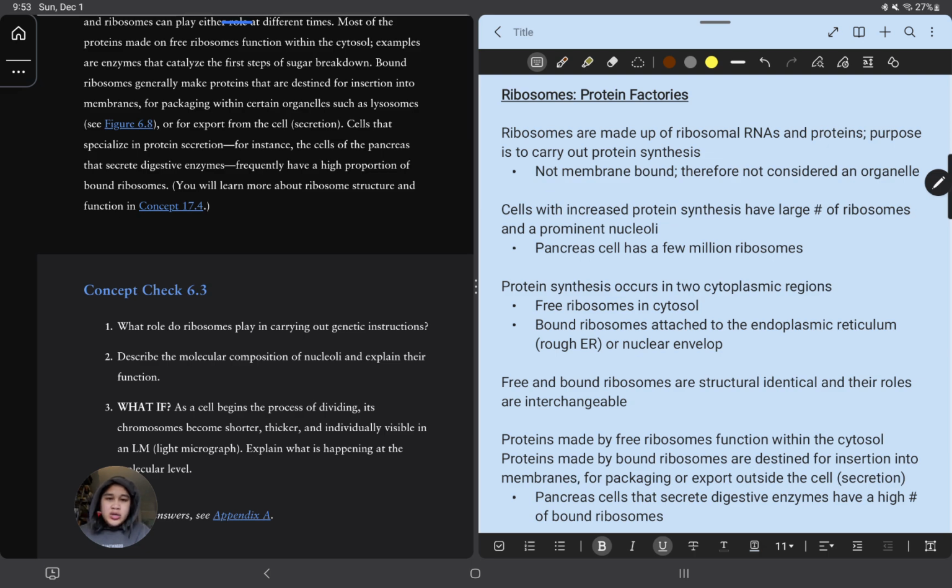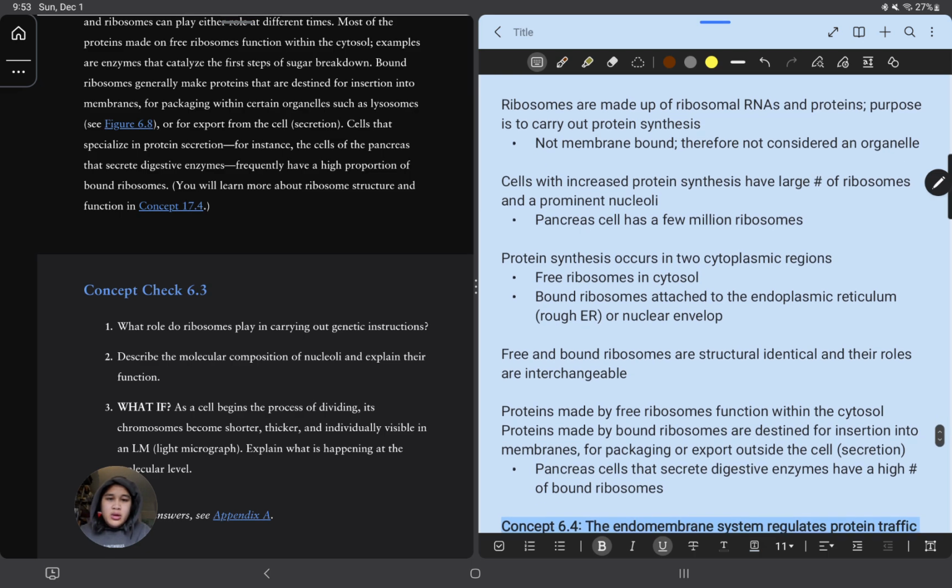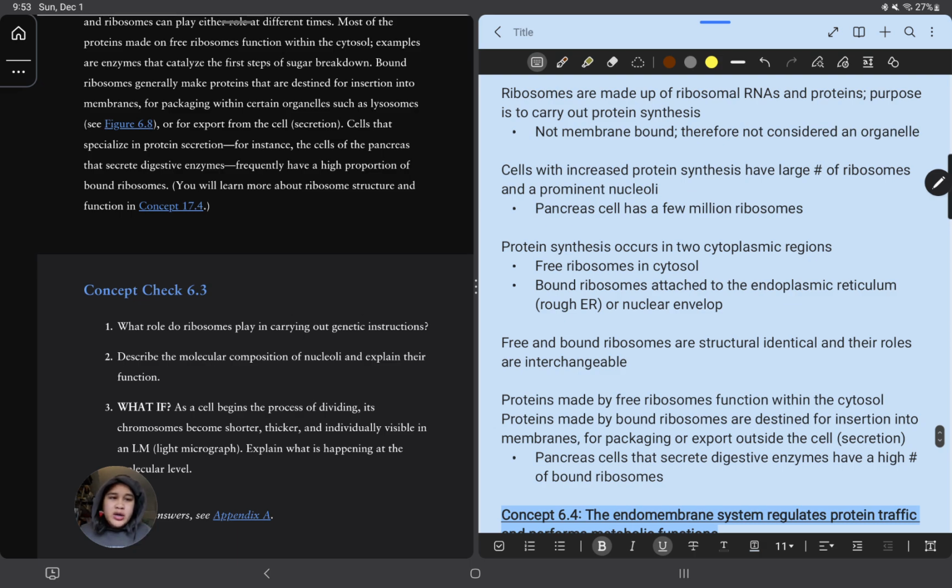Okay, so going on to my notes for ribosomes. Ribosomes are made up of ribosomal RNAs and proteins. The purpose is to carry out protein synthesis. They are not membrane-bound, therefore not considered an organelle. Cells with increased protein synthesis have large numbers of ribosomes and prominent, or distinguished, nucleoli, which produce the ribosomes.